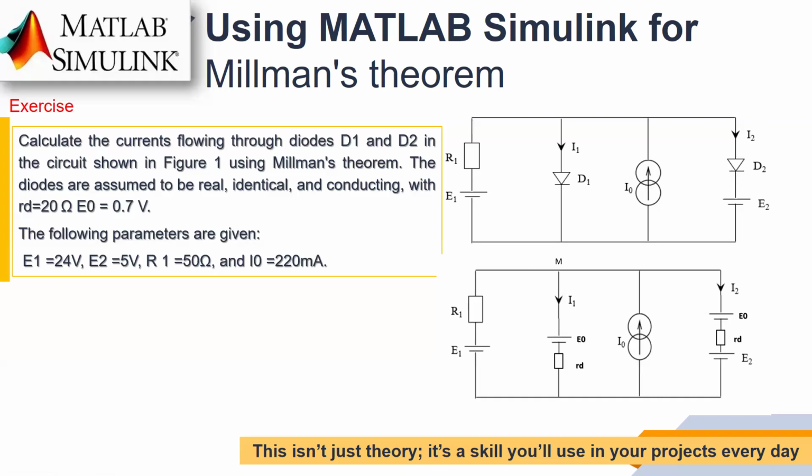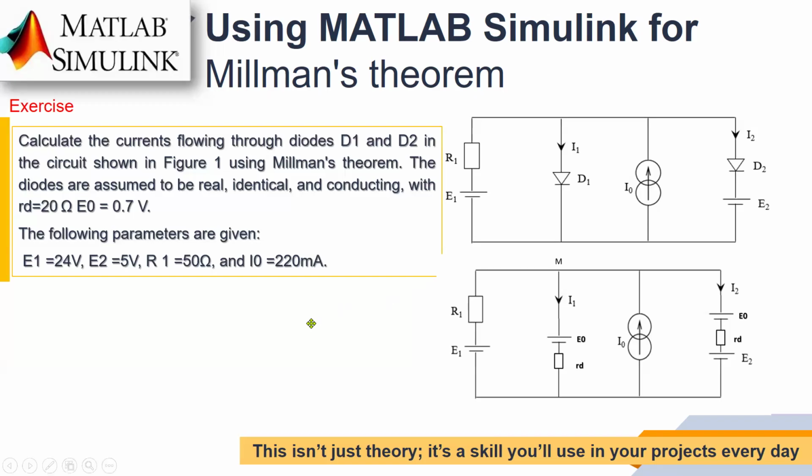Okay, you will find the value. If you want to make sure about your results, you can implement the circuit in MATLAB Simulink. You can implement the different components here to compare your results with the simulation. Using the simulation, you can be sure about the result.